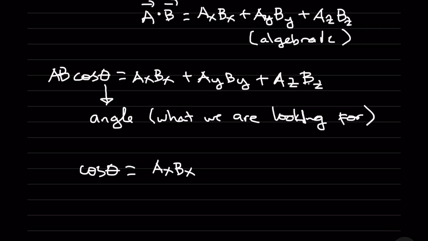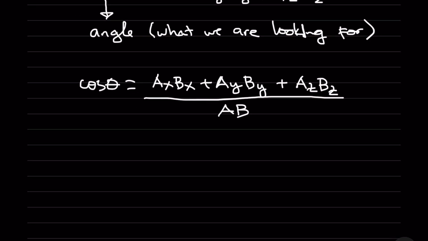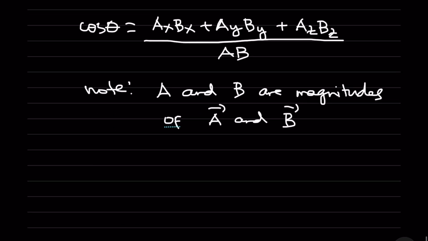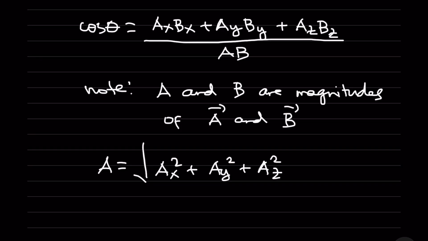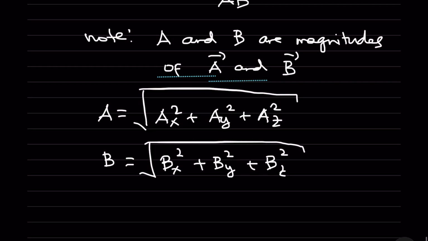So what we do is we divide both sides of the equation by AB. So we are left with cosine theta equal to the sum of these three terms divided by AB. So we take note that A and B are the magnitudes of vectors A and B. And how do we find the magnitudes of these vectors? We use the Pythagorean theorem as I have mentioned earlier. So the magnitude of vector A is equal to the square root of the sum of the squares of the components.